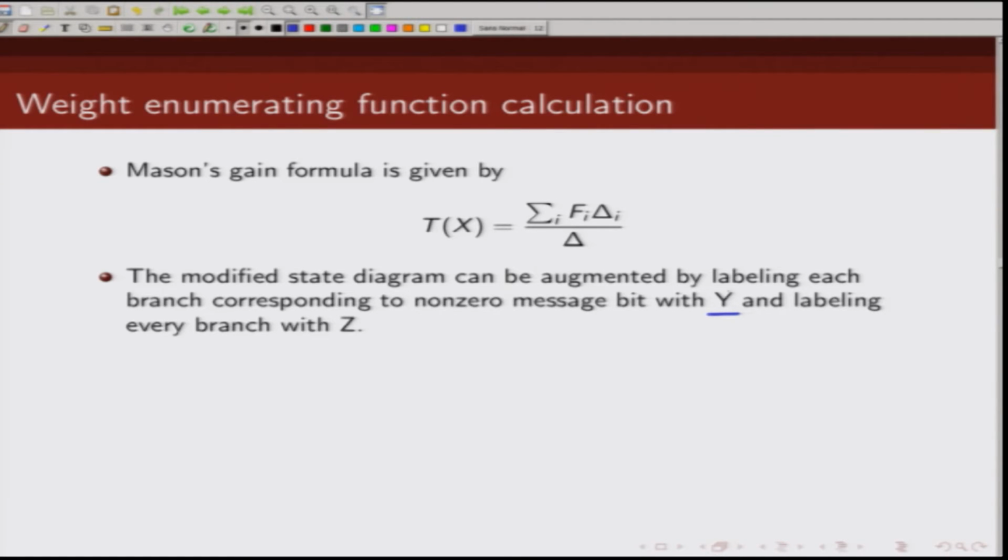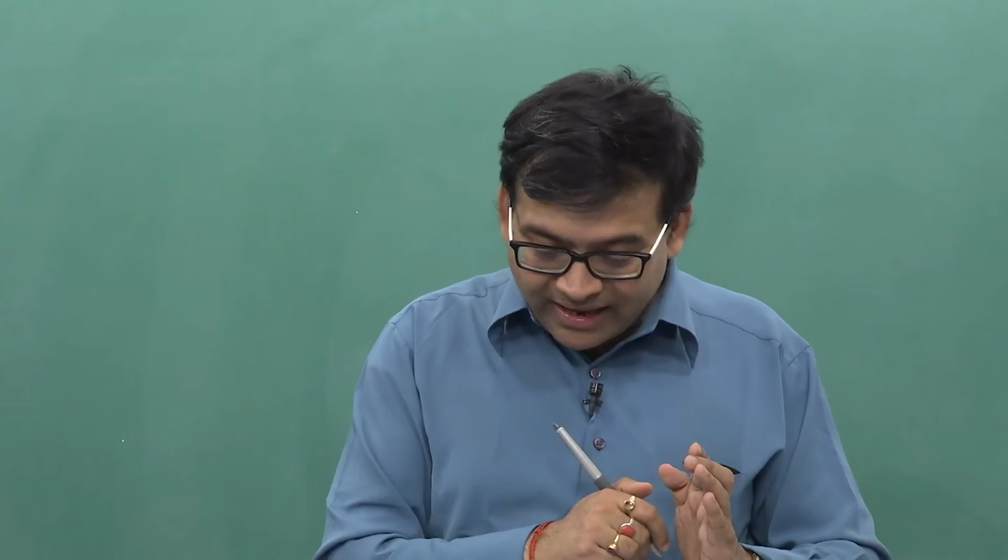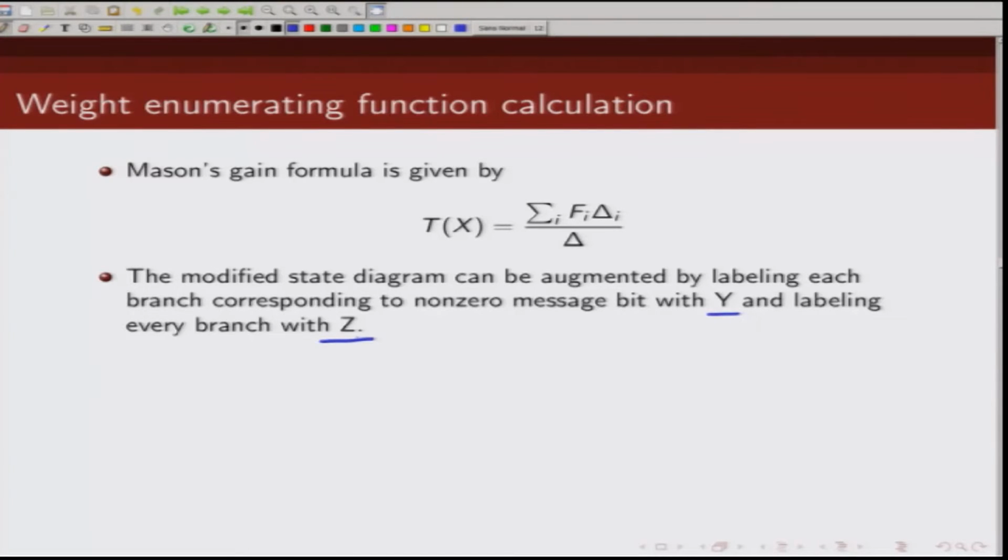So, the power of y will denote the input weight, and similarly we can label each branch by z. So, in a path gain formula, the degree of z will tell us the length of the non-zero path, that is, once it diverges from the all 0 state, after how much time it comes back into the all 0 state.